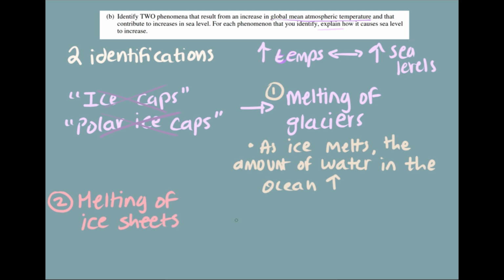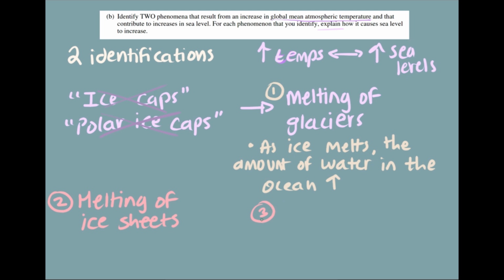So this would be like our Greenland or Antarctica locations. It would have nearly the same explanation as our previous one with melting of glaciers. If we have the melting of the ice sheets, as ice melts, again, the amount of water in the ocean increases.